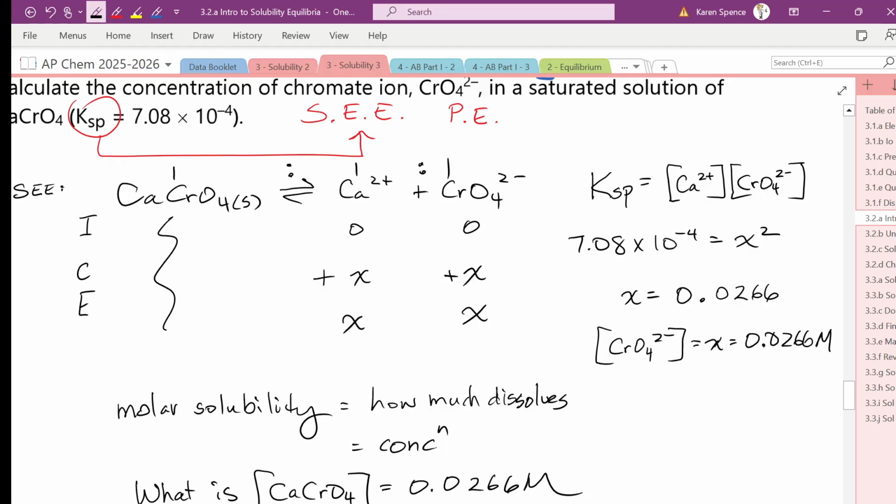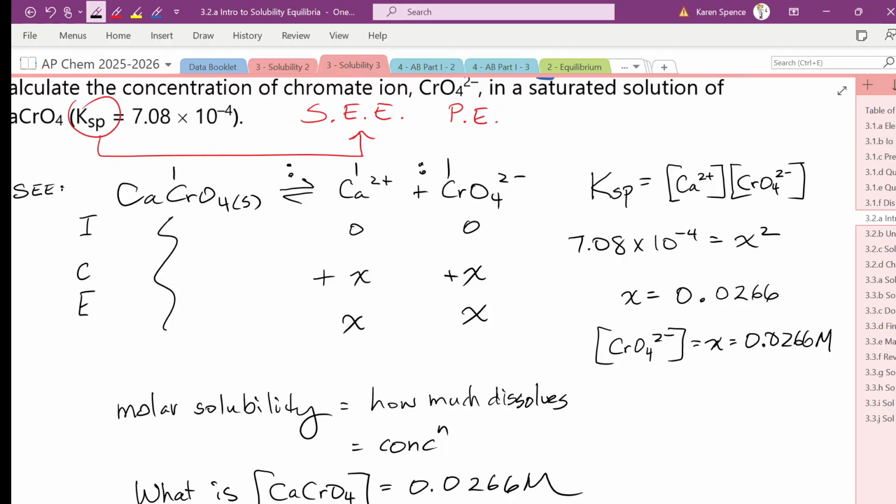So now that you know what molar solubility is, instead of saying calculate the concentration of the chromate ion, I could say find the molar solubility of calcium chromate. So close to being done this unit. Just kidding, we got a little bit more to do, but there's a bunch of qualitative stuff too.